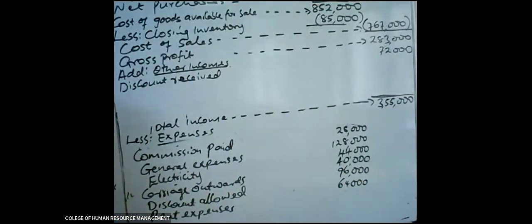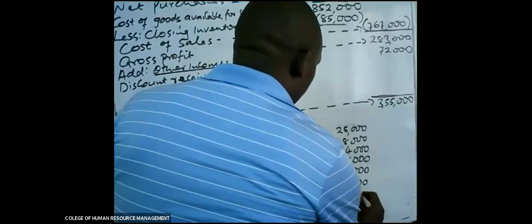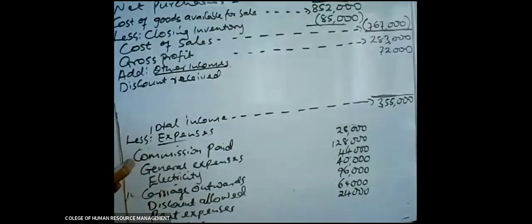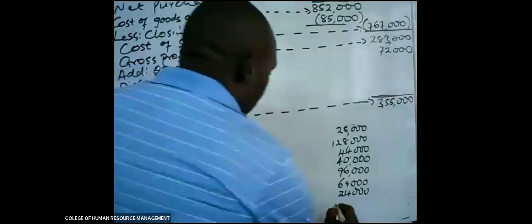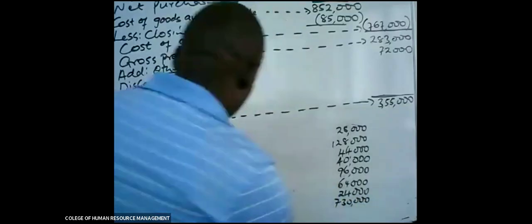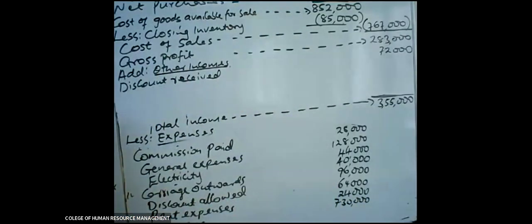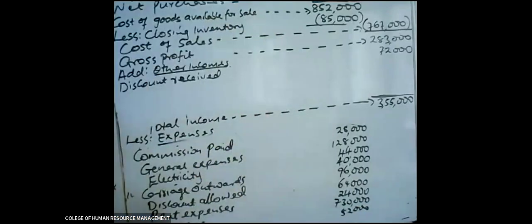Licenses, 24,000. Wages, 730,000. Repair and maintenance, 52,000. Stationery, 8,000.